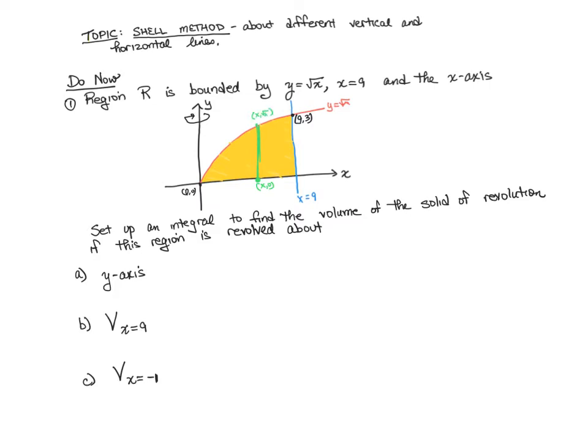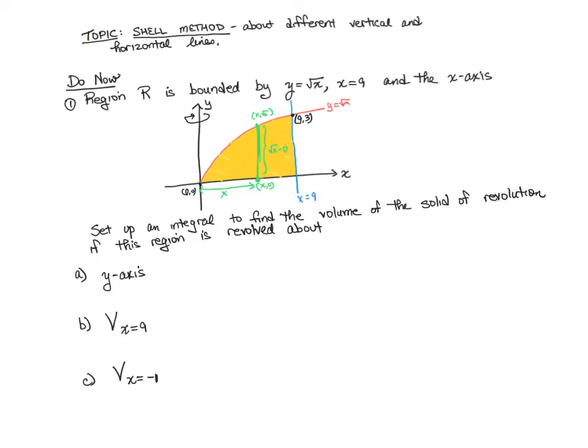So the distance from the y-axis to any of these vertical rectangles, no matter where they're drawn, will always be x. And that's very important for the shell method. The height of the vertical rectangle is just top minus bottom, or root x minus 0.